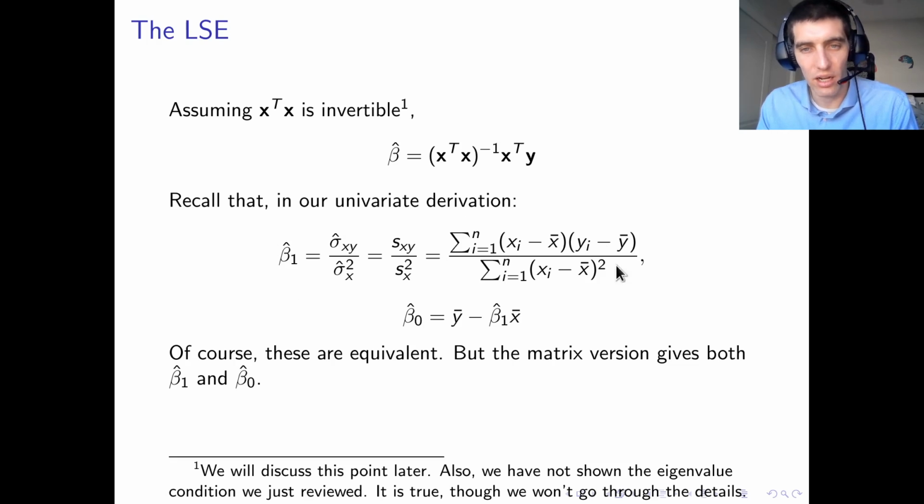We don't have to keep track of two equations for beta 0 and beta 1 hat. So in that sense, the matrix version is equivalent, assuming you can keep track of your matrix rules and how to take gradients of matrices. That makes the matrix version better because you just have to remember this one expression and it gives you both beta 0 and beta 1 hat.